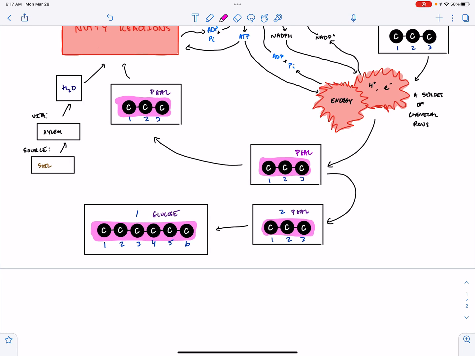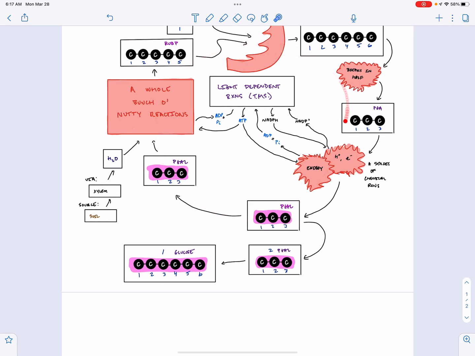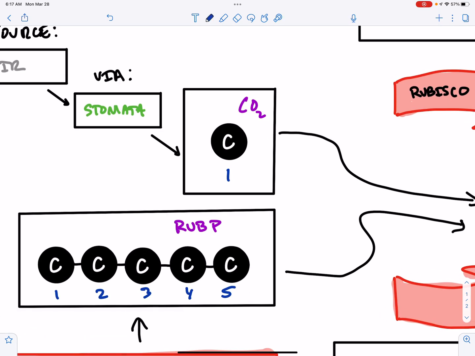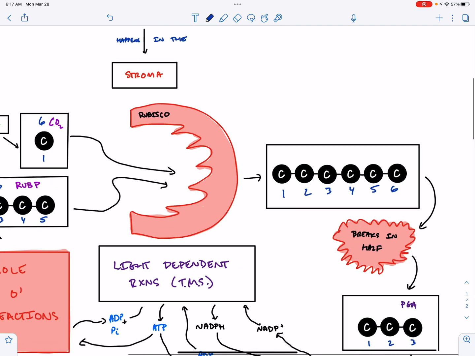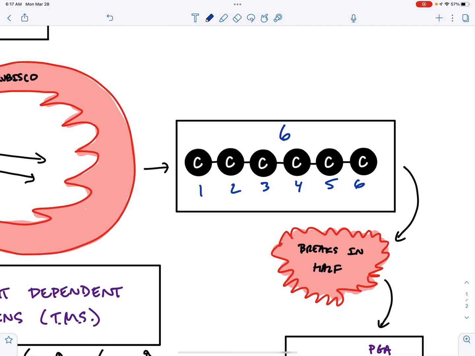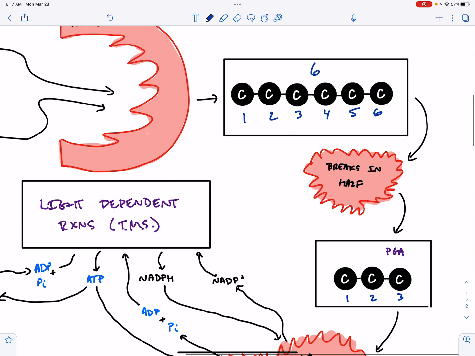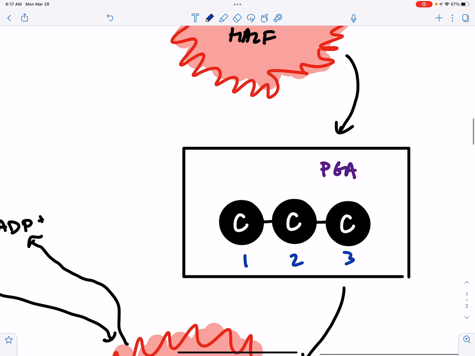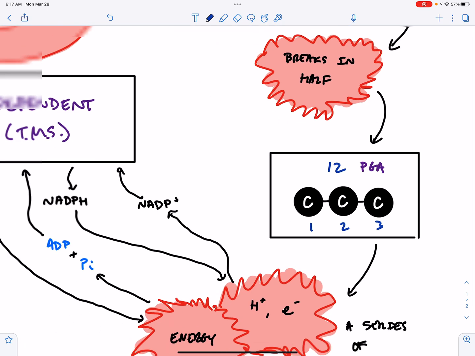Our goal is to figure out how many times this cycle needs to run such that it can keep running and we can make glucose. So bear with me, back up here. Imagine we start out with 6 CO2 and we combine 6 CO2 with 6 RuBP. We're going to get 6 of this 6-carbon compound that's highly unstable, which spontaneously breaks in half, and we're left with 12 PGA.